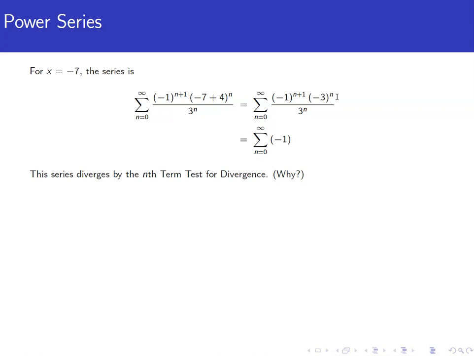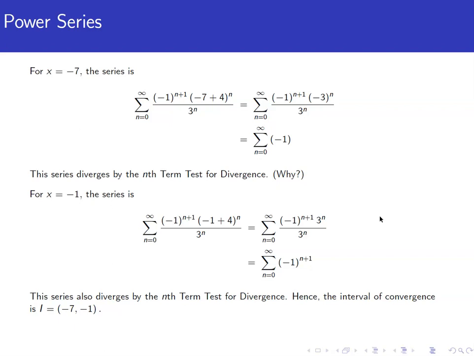Well, no matter what we plug in for n, one of them will make the negative 1 negative, because it'll be an odd power, and one of them will make the negative 1 positive 1, because it'll be to an even power. So in any case, we're always going to get -1 no matter what we plug in for n. So that series diverges by the nth term test for divergence.